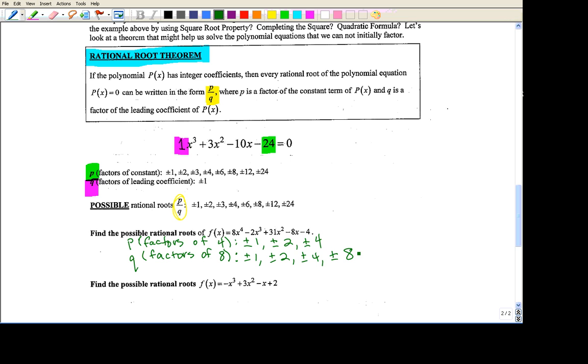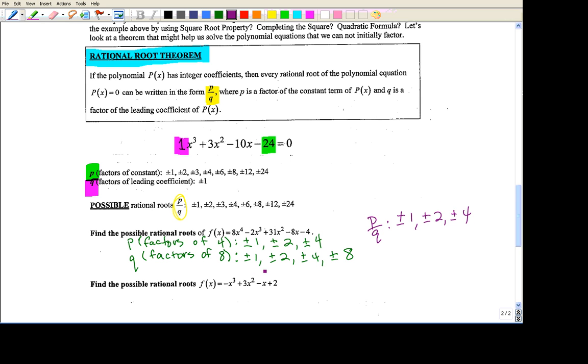So to find the values for p over q, I'll take each of the p values and divide them by each of the q values. So for the q of 1, anything divided by itself is 1, so we can start out with plus and minus 1, plus and minus 2, and plus and minus 4.